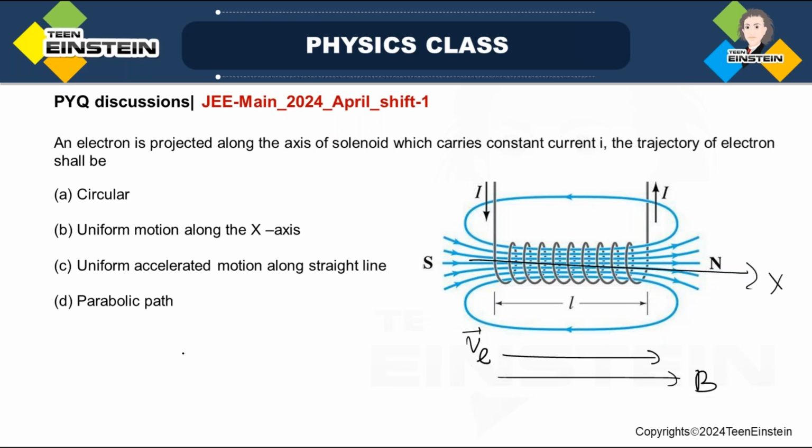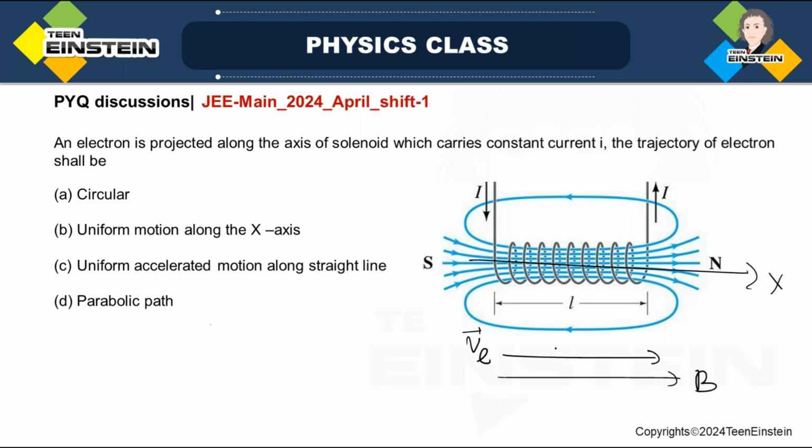And we know magnetic force. The trajectory or path depends on the force acting on it. Here there is no electric field at all. You have only magnetic field while passing along the axis of the solenoid.